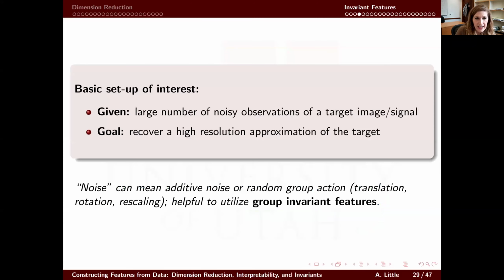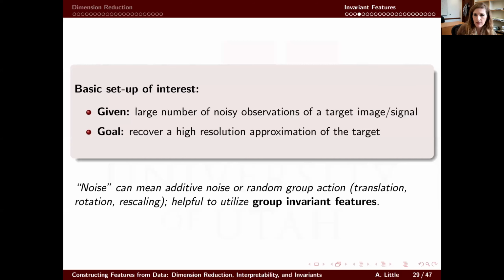So the basic setup of interest in this context is that you have a large number of very noisy observations of a target image or signal, and your goal is to recover a high resolution approximation of that target signal. And noise here can mean many things.